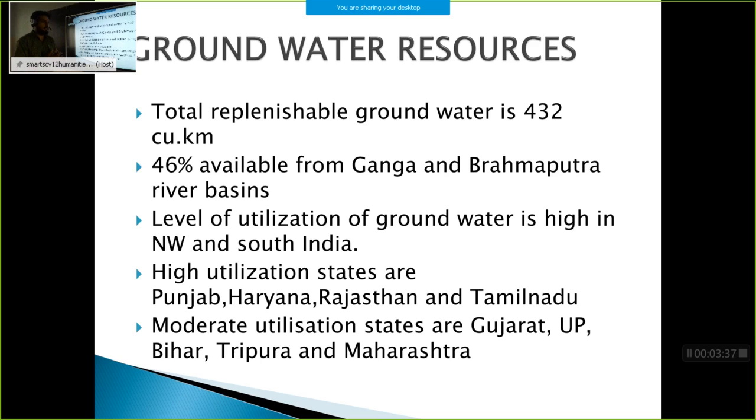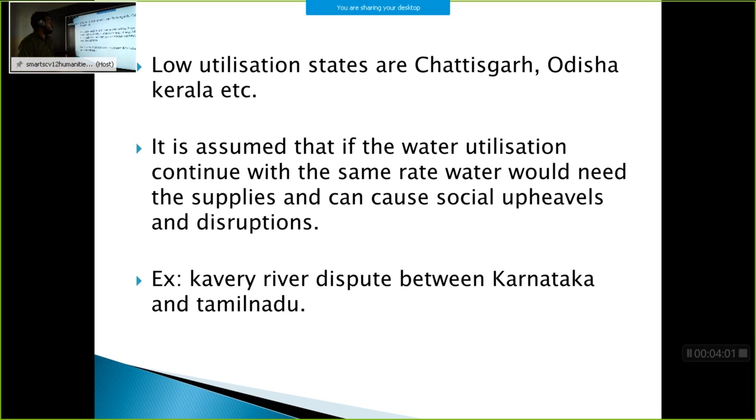Moderate utilization states are Gujarat, Uttar Pradesh, Bihar, Tripura and Maharashtra. Low utilization states are Chhattisgarh, Odisha and Kerala.